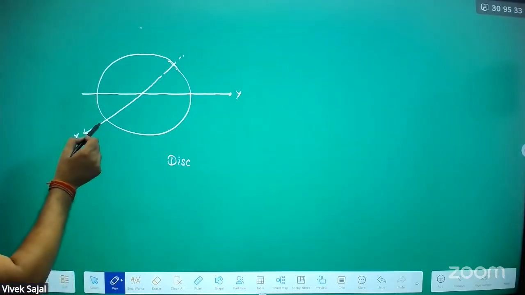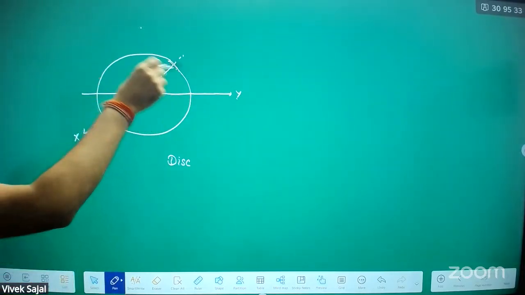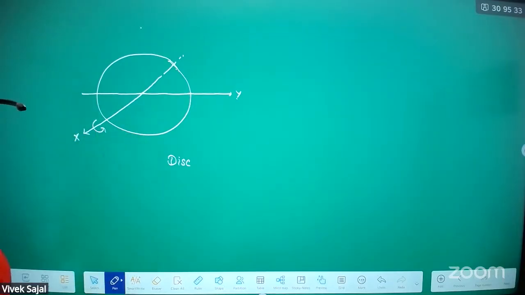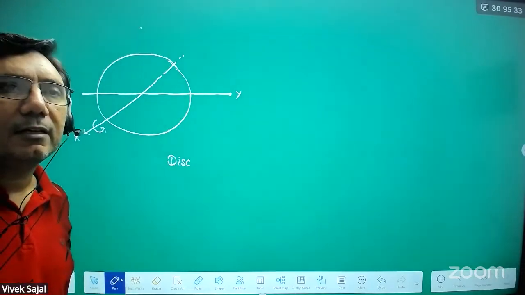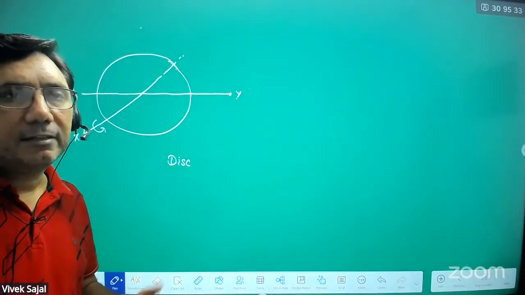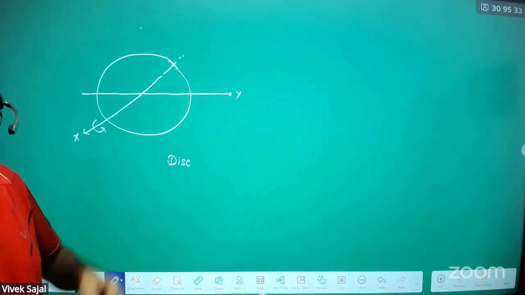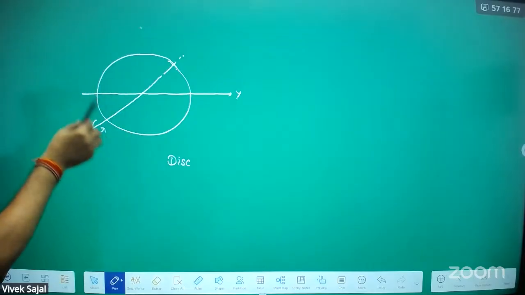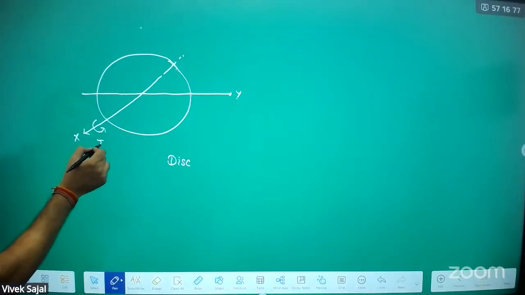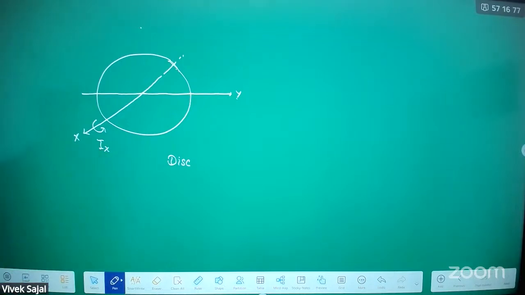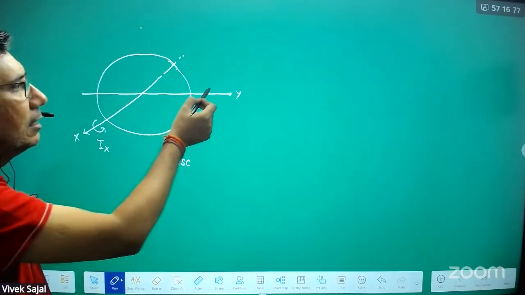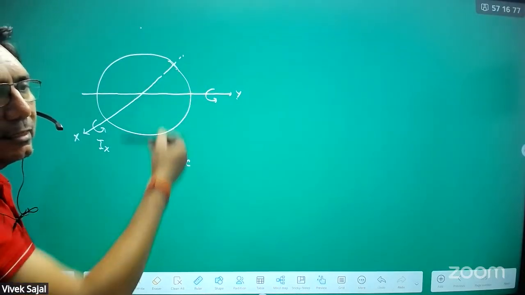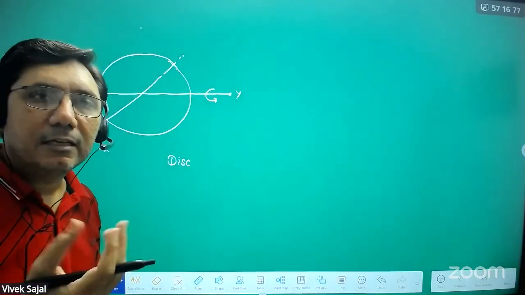Suppose you rotate this disk about this axis. Then you will have a symmetrical structure. What type of symmetrical structure? A 3D sphere. On rotating this about the x-axis, you will have a sphere. Suppose the moment of inertia about this axis is Ix. Now you rotate this disk about the y-axis. On rotating about the y-axis, you again get the same type of sphere.